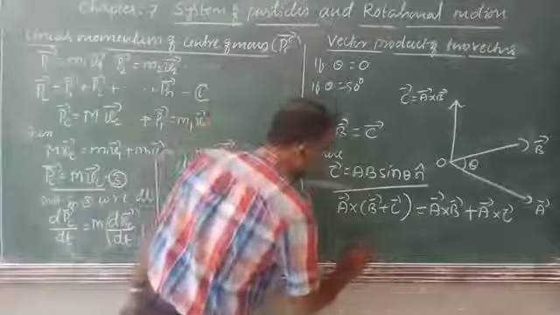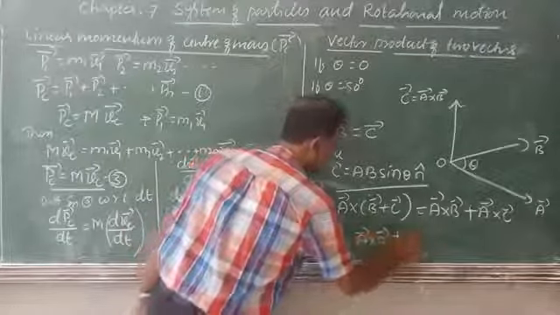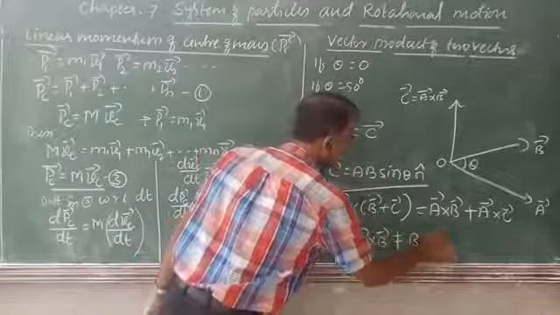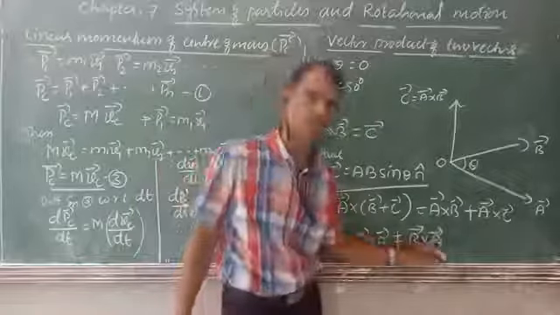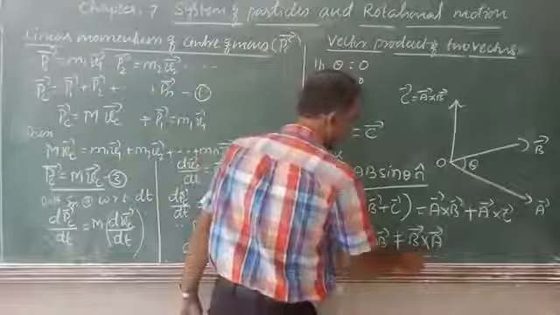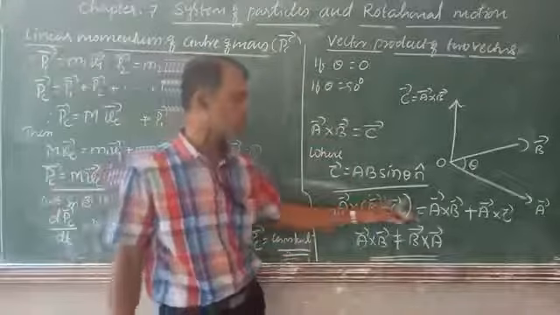That is, A cross B is not equal to B cross A. The direction of A cross B is not the same as the direction of B cross A.